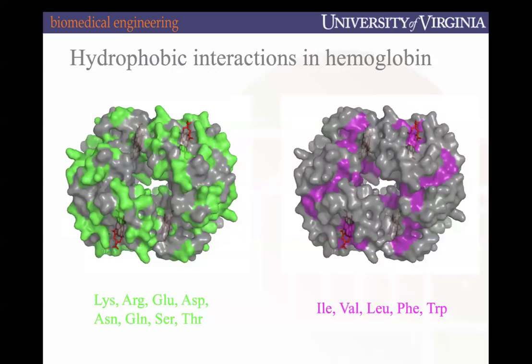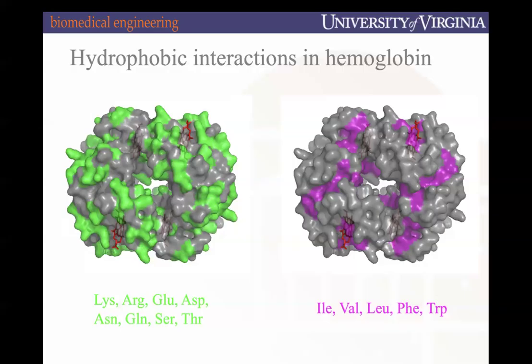But the hydrophobic amino acids are largely buried internally within hemoglobin. Hemoglobin is found within red blood cells, and the inside of a cell is an aqueous environment. It is energetically favorable for these hydrophobic amino acids to be buried internally, to have their side chains away from the aqueous environment.